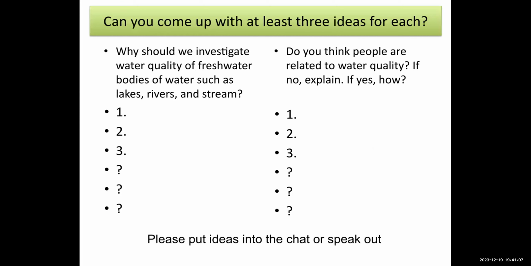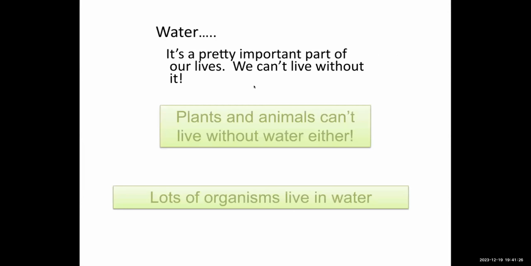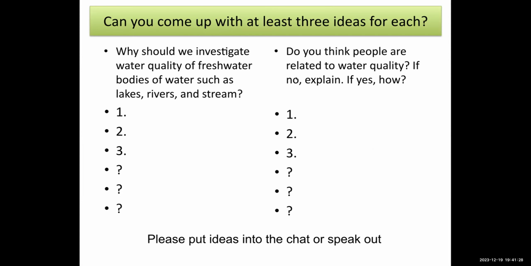So I would ask you quickly, and just put this right in the chat or speak out, why should we investigate water quality of freshwater bodies of water, such as lakes, rivers, and streams? That's one question. And then separate, do you think people are related to water quality?